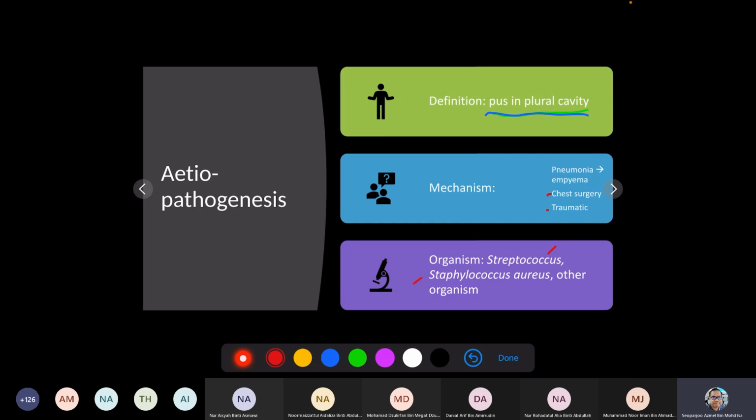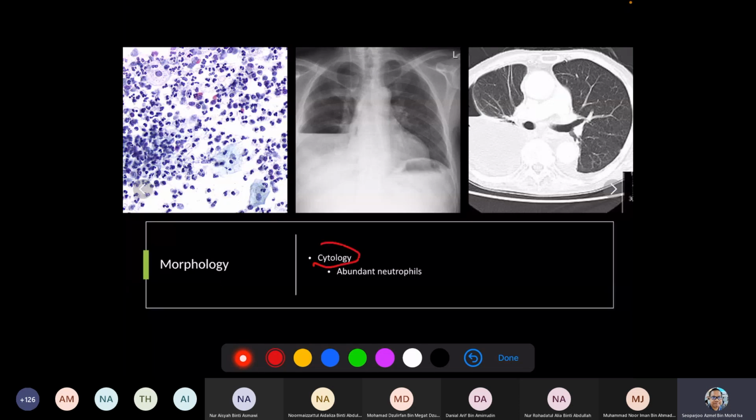Cytology means we poke between the ribs at the fourth and fifth intercostal space, and we drain out the pus from these patients. What you can see under cytological examination is abundant neutrophils, like in this picture. You can see there's a lot of neutrophils.